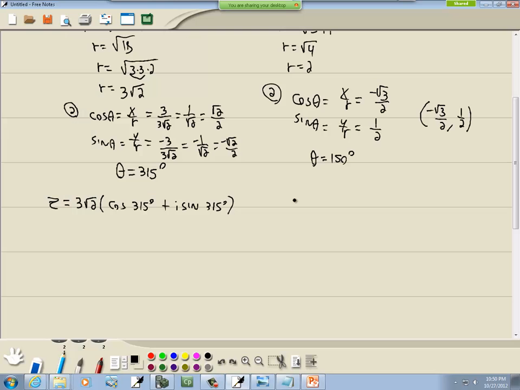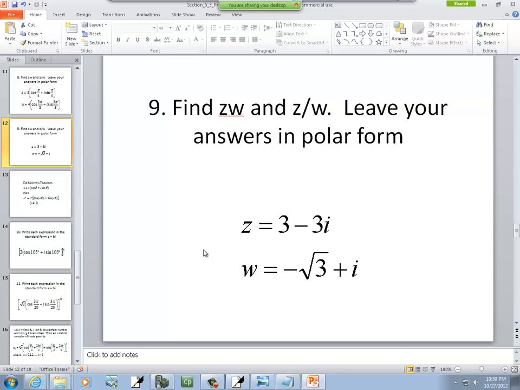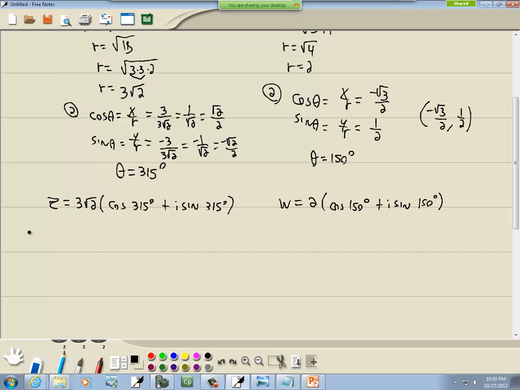What's the other one? W. Okay, this is w. And we got r, which is 2, and then cosine of 150 degrees plus i sine of 150 degrees. Okay, and they want us to multiply them. So we'll take z times w. Remember, you multiply your r's together. So I got 3 square root of 2 times 2.